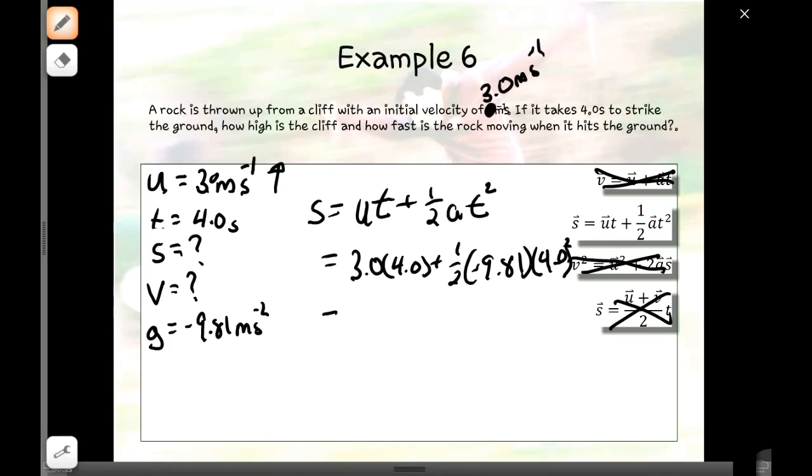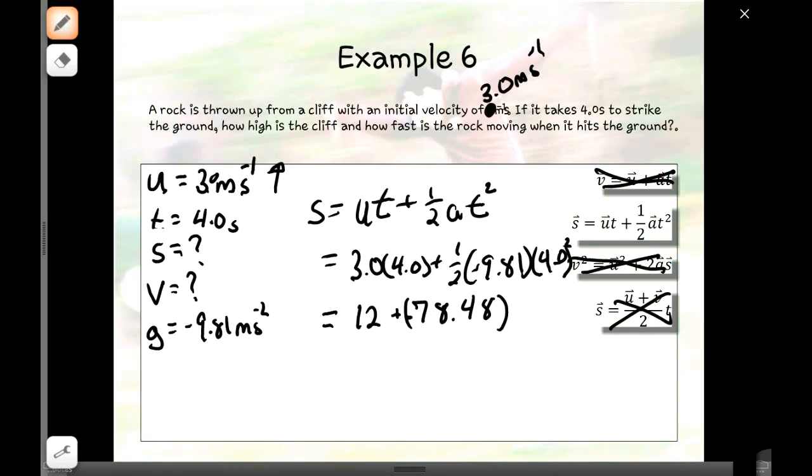Let's do this in 2 steps. 3 times 4 is 12, plus 1/2 times negative 9.81 times 4 squared. Well, that's 16. Half of 16 is 8, times 9.81, which gives me 78.48. And because of that negative sign right there, it's going to be a negative.